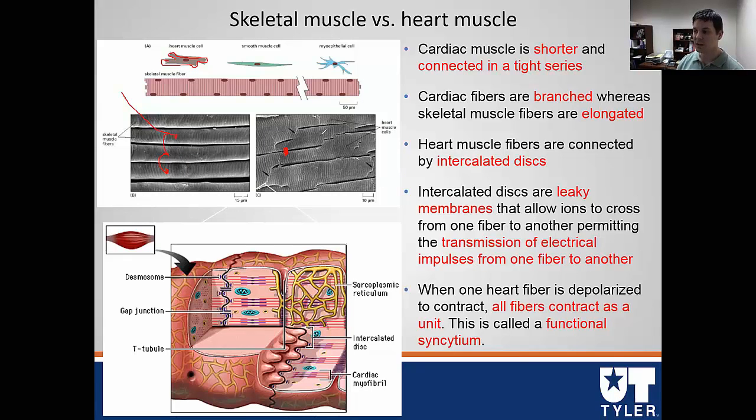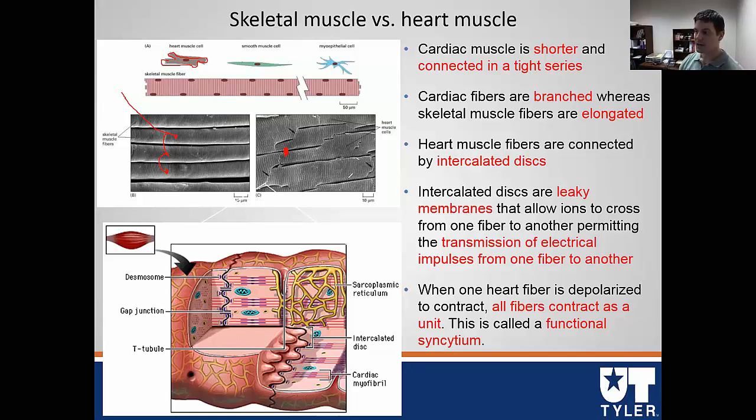However, cardiac muscles don't have motor unit innervation, since we don't have conscious control over the heart, so they actually communicate with each other. As one cardiac muscle cell contracts, it will spread that contraction to the next cardiomyocyte sitting right next to it through these intercalated discs.